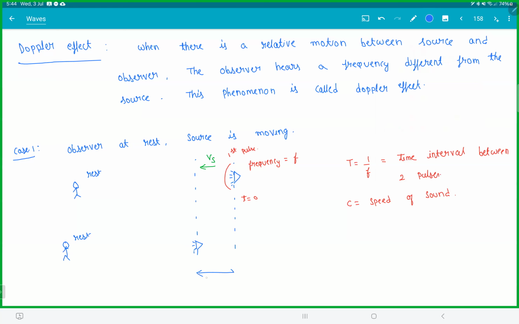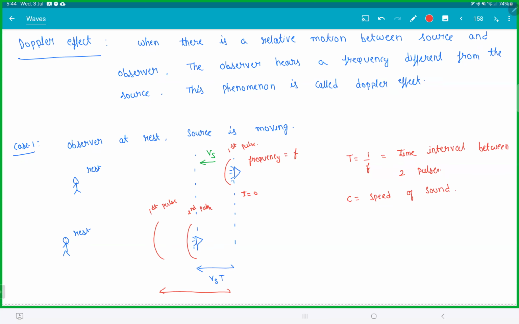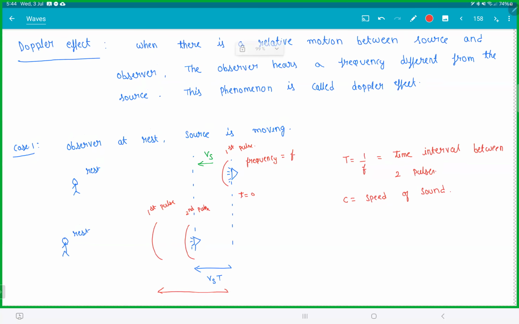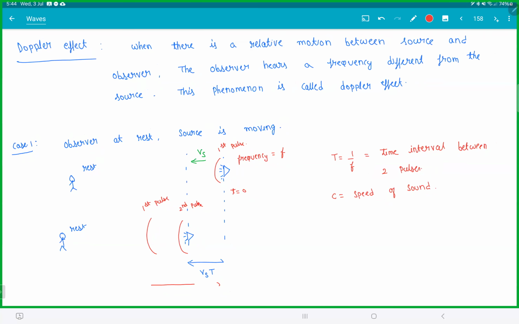The source must have traveled somewhere here, which is Vs into T. And this first pulse must have gone already here. And the second pulse was released here. Since this is traveling with speed of sound, the first pulse must have traveled a distance of c into T.